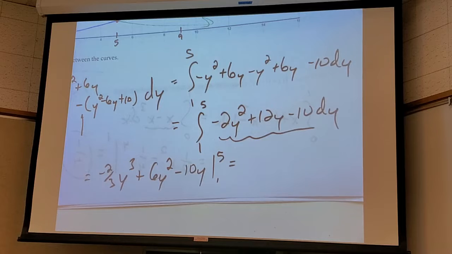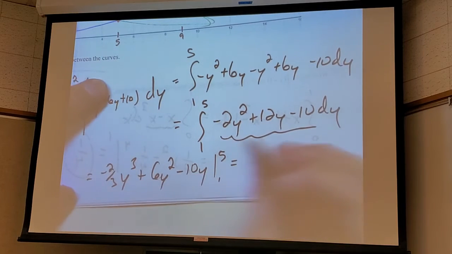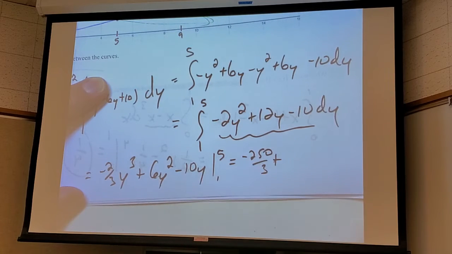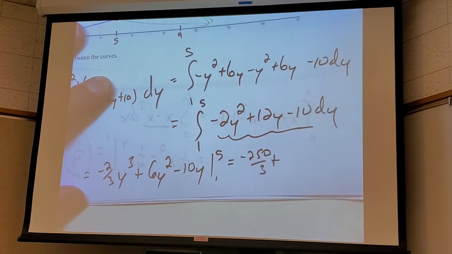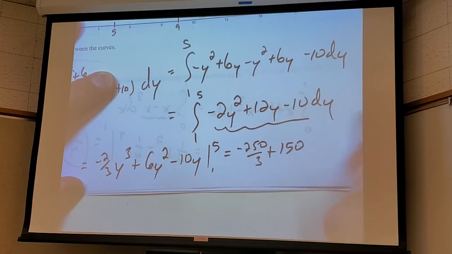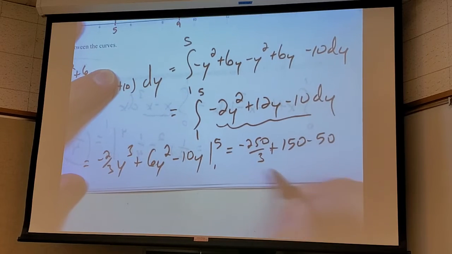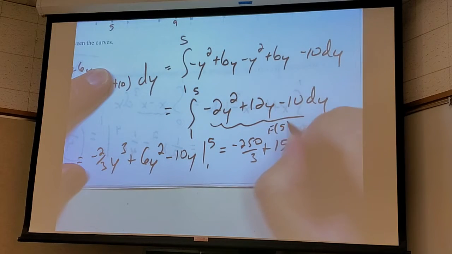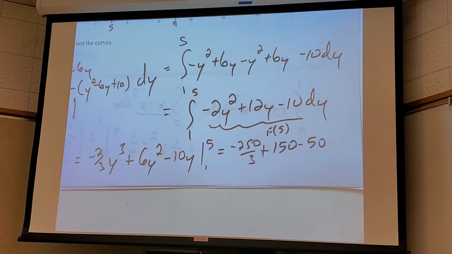It's a big side, so I get 5 cubed is 125 times negative 2/3, plus 6 times 25 is 150, minus 50. That is F of 5, right? So here's another place people make a mistake with the minus.